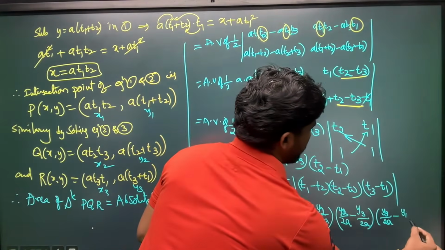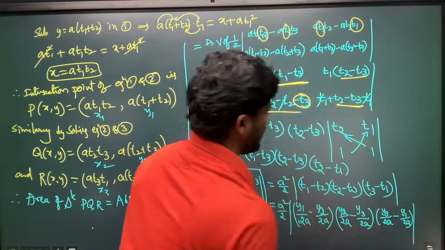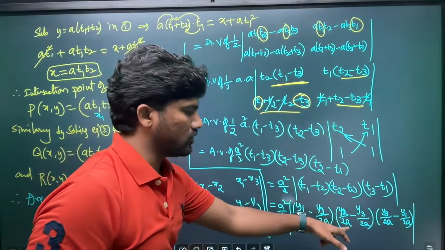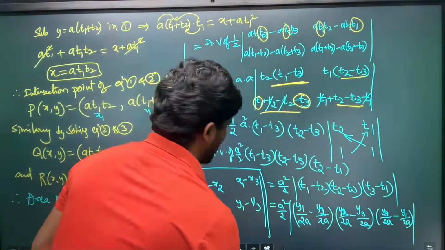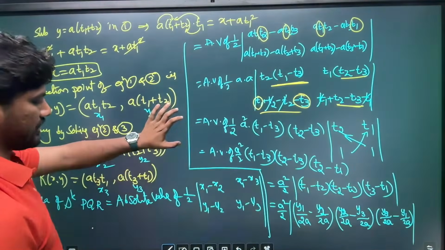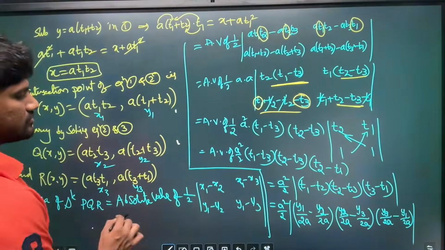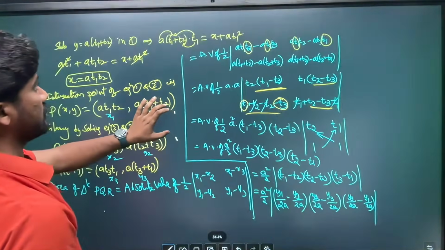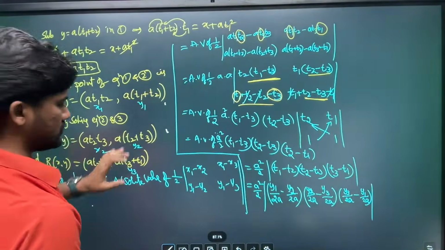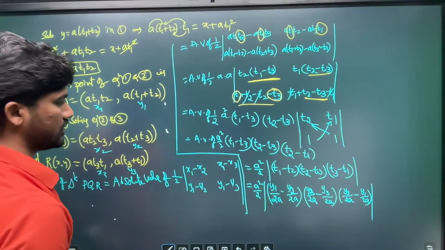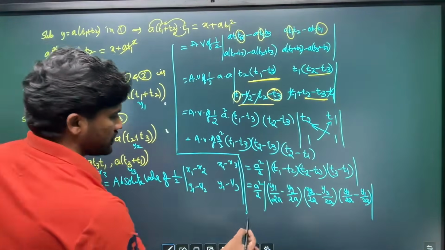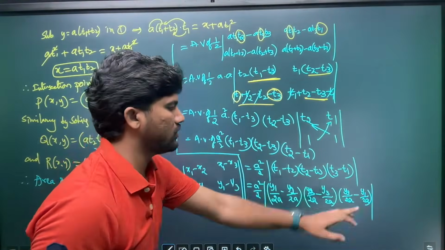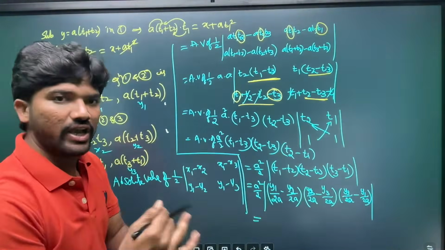Now take the denominator 2a, LCM 2a into 2a into 2a, 8a. So overall, taking the LCM common. Now I am writing here, denominator 2a, 2a, 2a, so 2a into 2a into 2a is 8a.